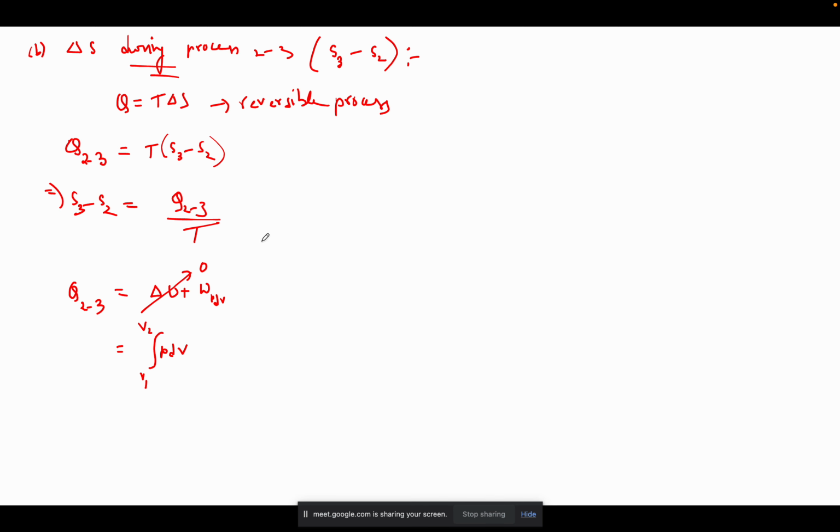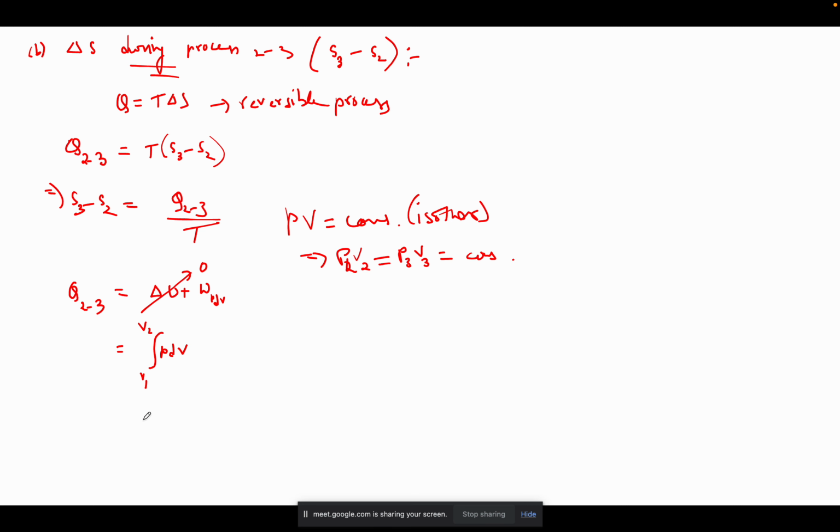Now for an isothermal process, PV is equal to constant. This process is my 2 to 3 now, so P2 V2 is equal to P3 V3, and this is some constant.